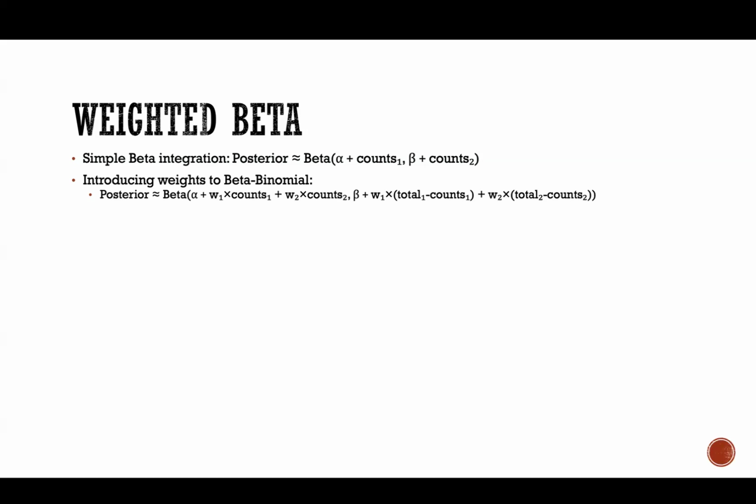I actually made it more complex than it needed to be. So yes, sorry. Consider it alpha plus W1 times counts 1, and beta plus W2 times counts 2. Here I went a step beyond and asked, what if we have a prior and 2 sources of information?